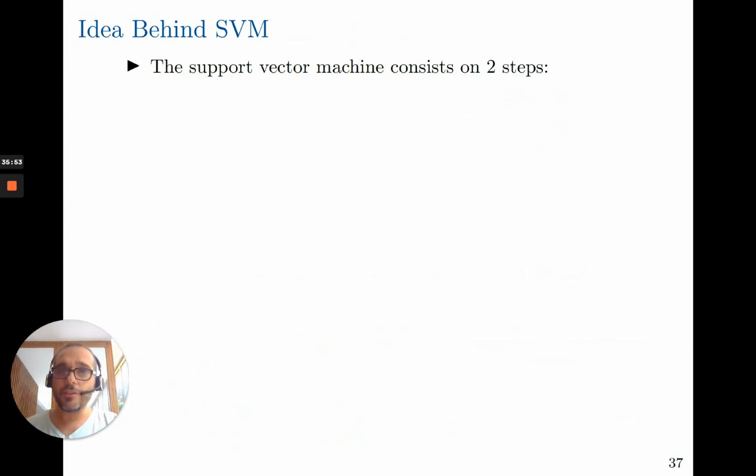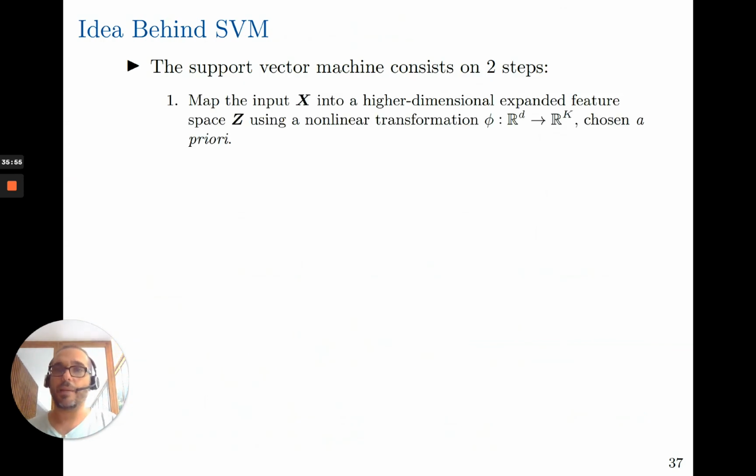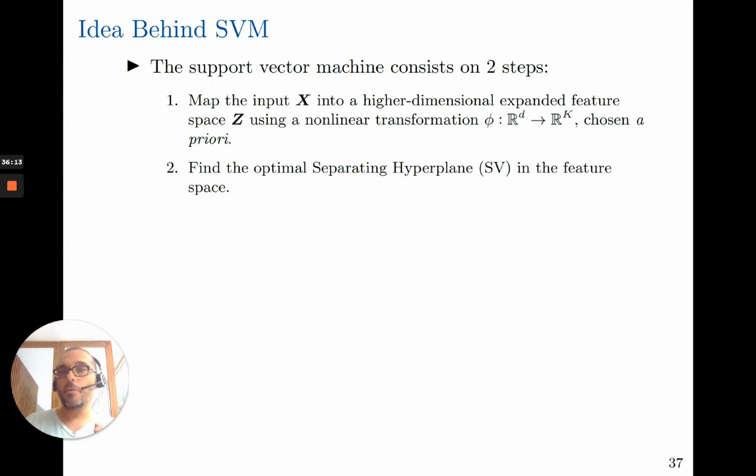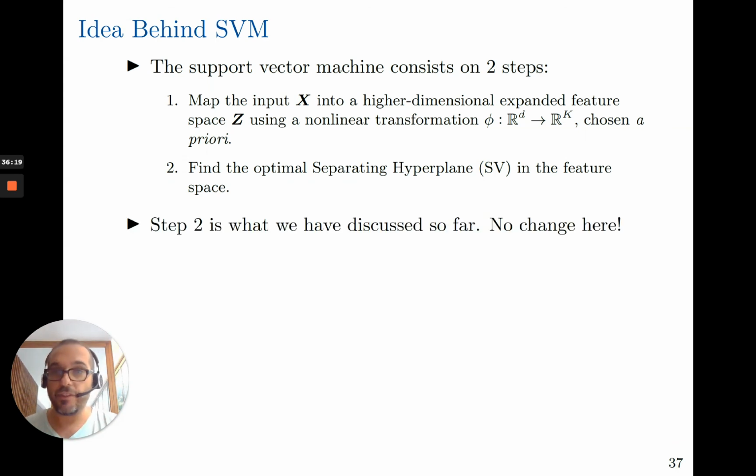So the support vector machine consists of 2 steps, in general. We are going to map the input x into a high dimensional expanded feature space Z using a nonlinear transformation phi that we are going to choose a priori. Okay, and then we are going to find the optimal separating hyperplane in this expanded feature space.